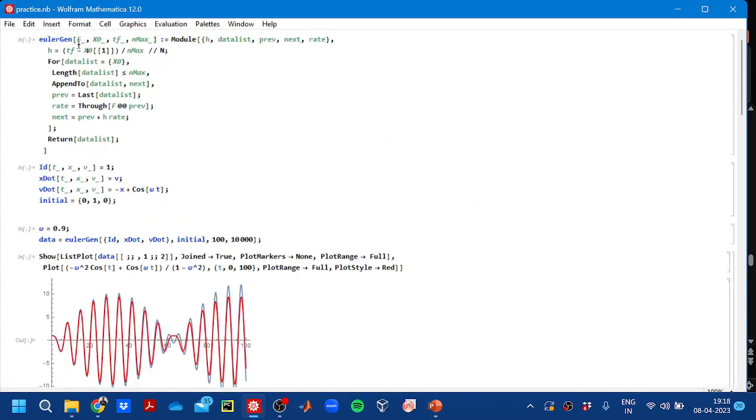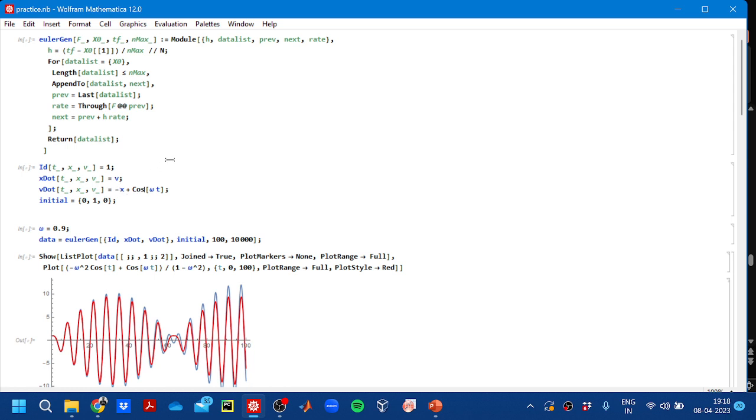So in this code, this is basically our f matrix. For our given problem, we know that the first row of the f matrix should be 1, the second row is v, and the third row is minus x plus cosine of omega t.